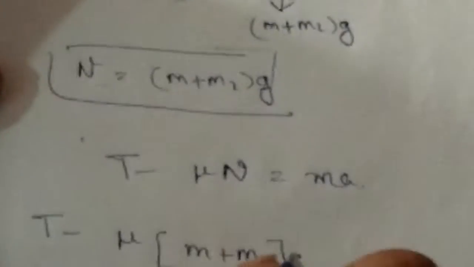So T minus mu into m plus m2 g is equal to m2a. Given that if we put this minimum mass m, they are at rest, which means they are not accelerating. So this a must be equal to 0.